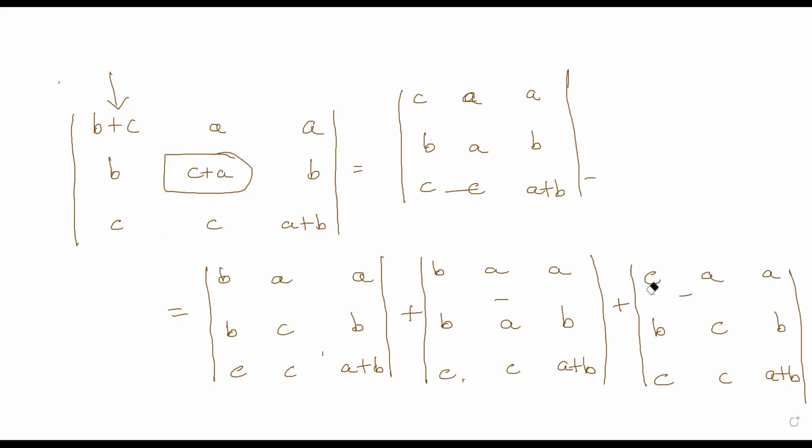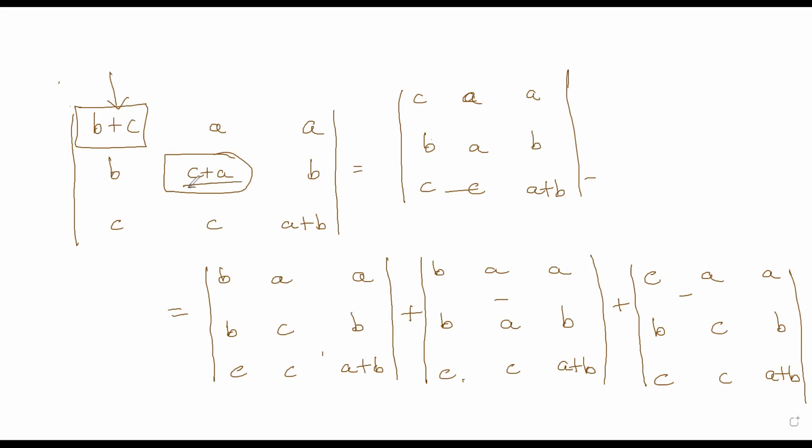But why did we write it as BAA in the first one? BAA, BCB, CCA plus B. And the second one will become BAA, BAB, CCA plus B. When I split B plus C, I will get two determinants, right?